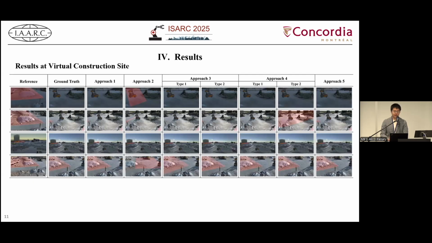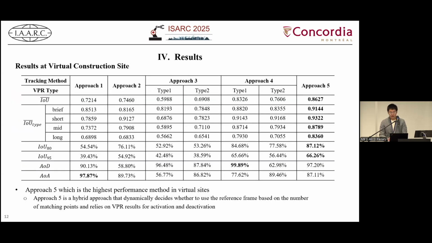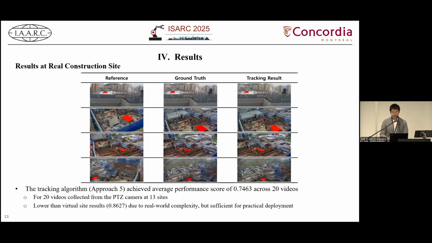This is the result of each approach. In the virtual environment, approach 5 achieved an average IoU of 0.8627, and IoU above 0.8 in over 87% of the frames, with stable performance across all video durations. In the real-world test, the approach 5 algorithm achieved an average IoU of 0.73, showing it is sufficiently accurate for field deployment.